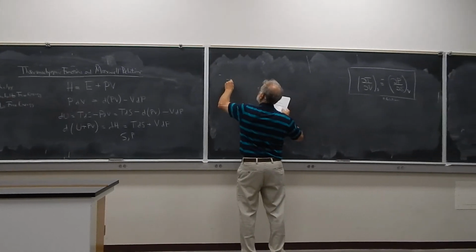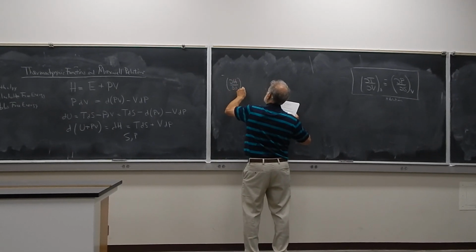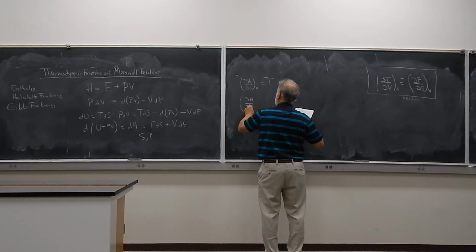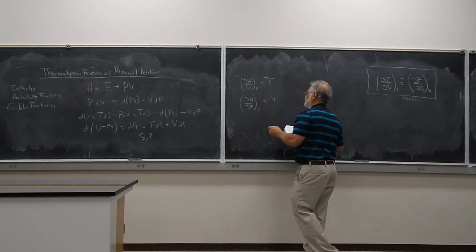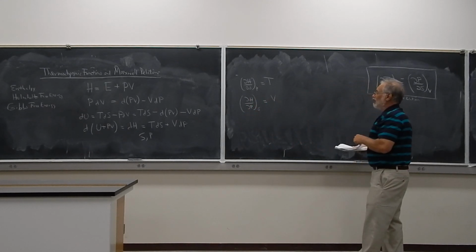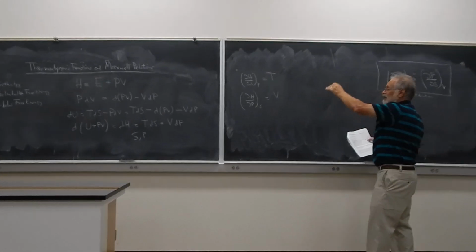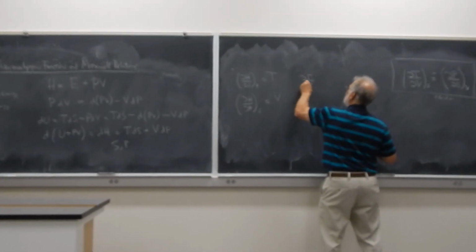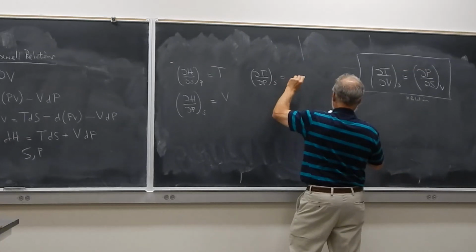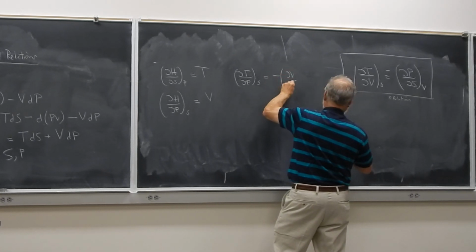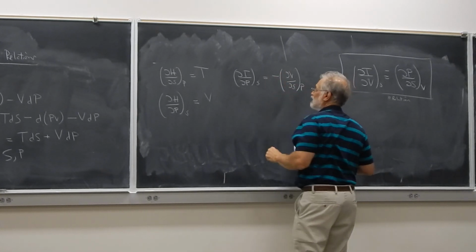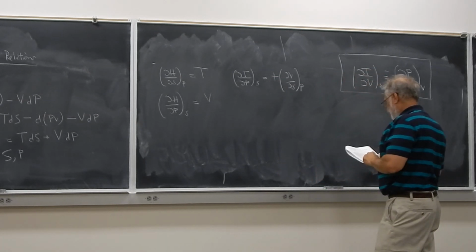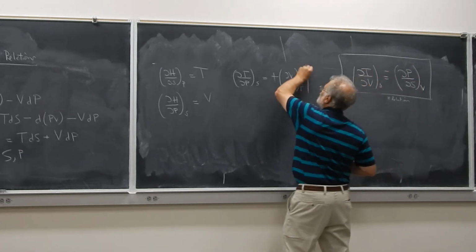I can say dH/dS at constant P is equal to T, dH/dP at constant S is equal to V. When I take the mixed partials of those two functions, they have to be equal, which tells me that dT/dP at constant S has to be equal to dV/dS at constant P. This is my second Maxwell relation.